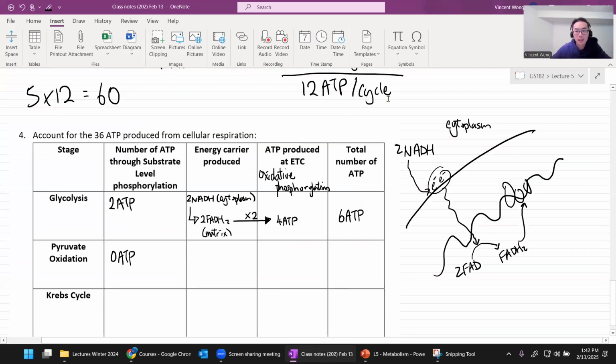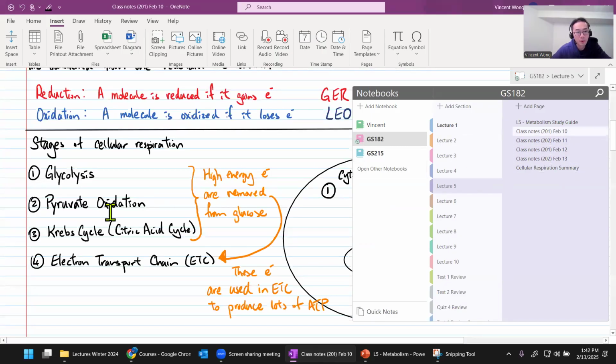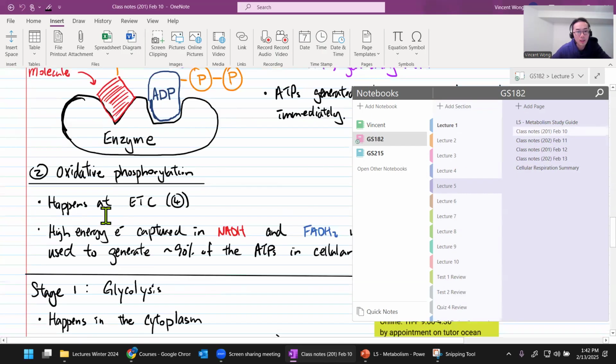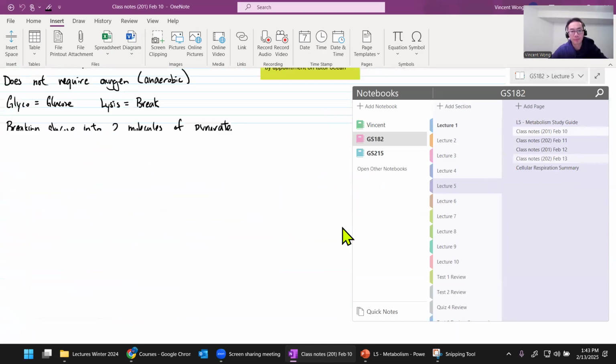Okay. Now, I also want to just show you again, we wrote this on the board on Tuesday. When I showed you substrate level phosphorylation, it only happens in glycolysis and Krebs cycle, right? Which is why there are none in step number 2.